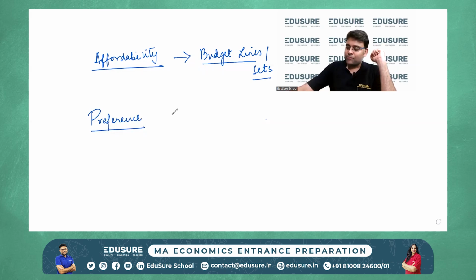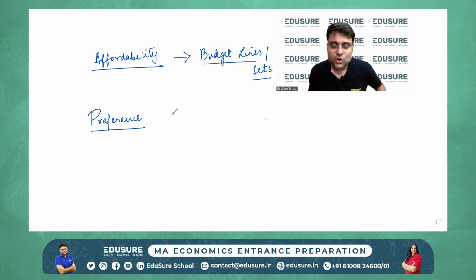Now, only affordability in itself will not enable us to talk about the behavior of the consumer and the optimal choice that the consumer will be making in the market. It's affordability coupled with the preference of the consumer which will enable us to understand that the consumer prefers these bundles to the other bundles.